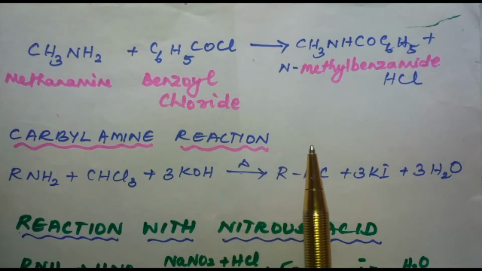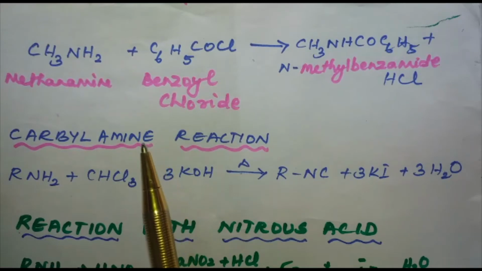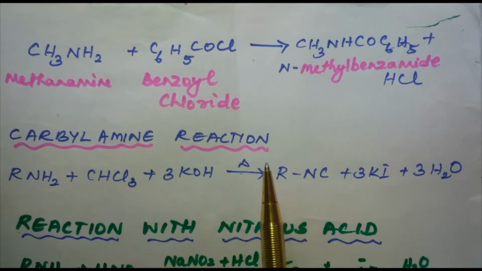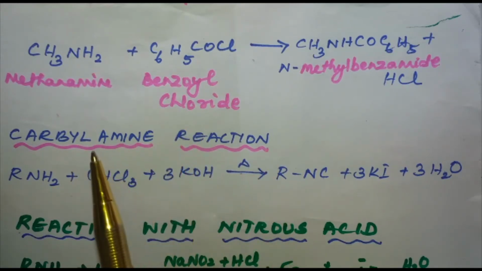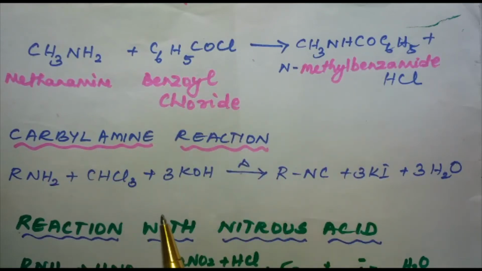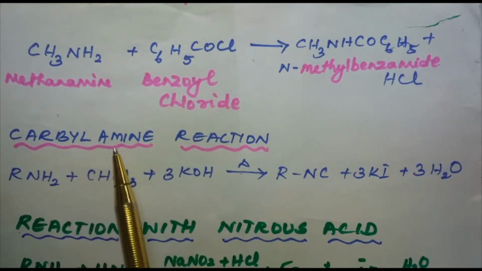Secondary and tertiary amines do not show this reaction. It is used as a test for primary amines, to distinguish between primary, secondary and tertiary amines, since primary amines alone show this reaction.